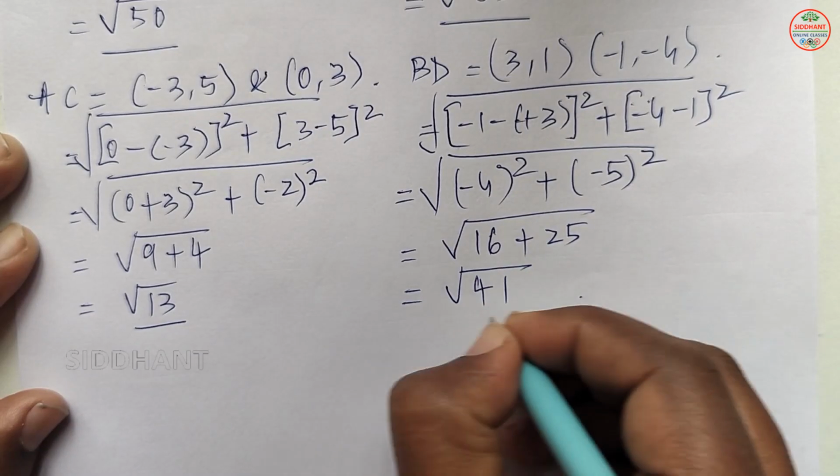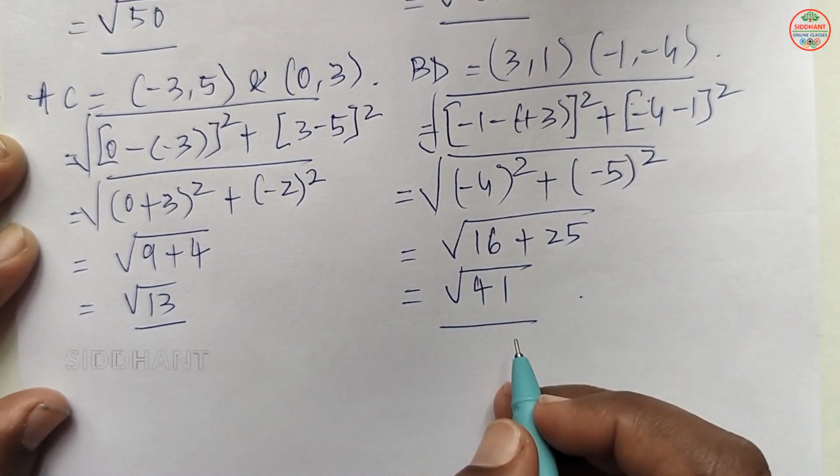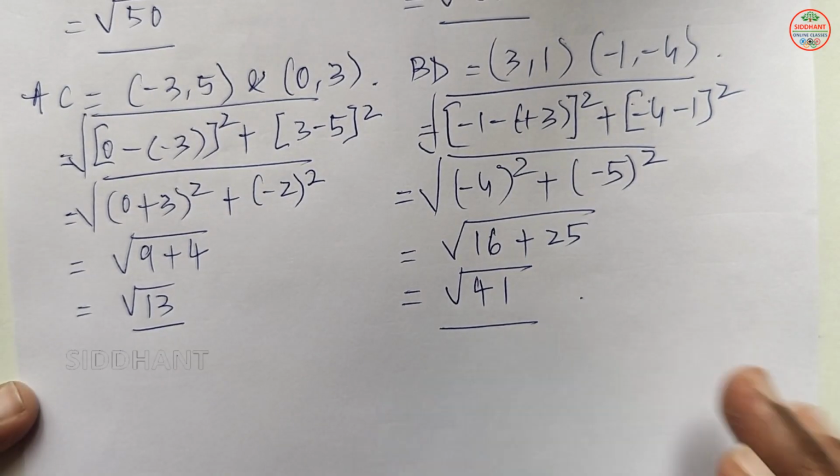So root 41. So diagonals also are not equal here.